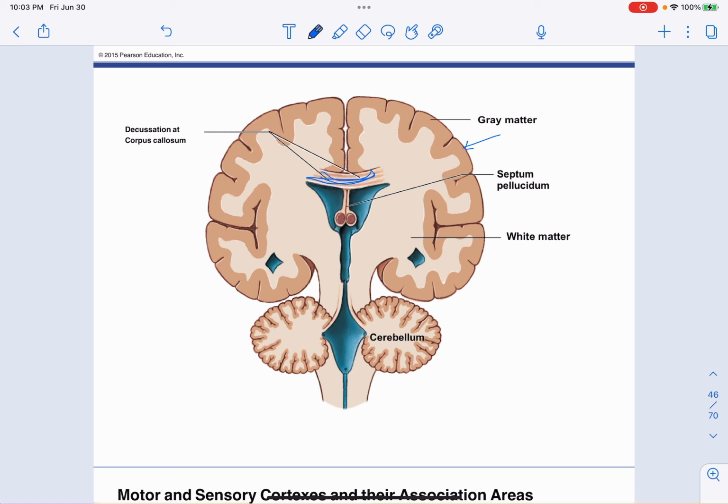This is kind of a cool image because you can also make out the lateral ventricles. Those are the lateral ventricles. You can make out the third ventricle. You can make out the aqueduct. You can see the fourth ventricle.